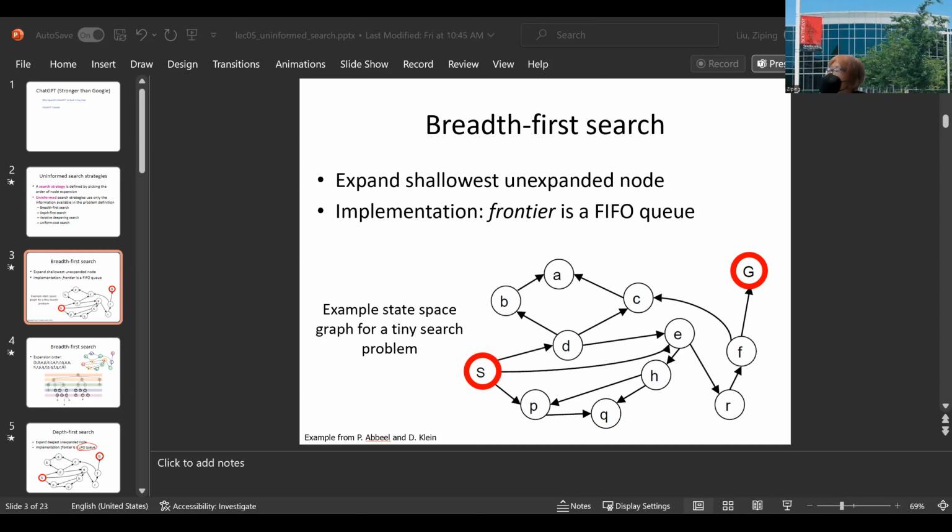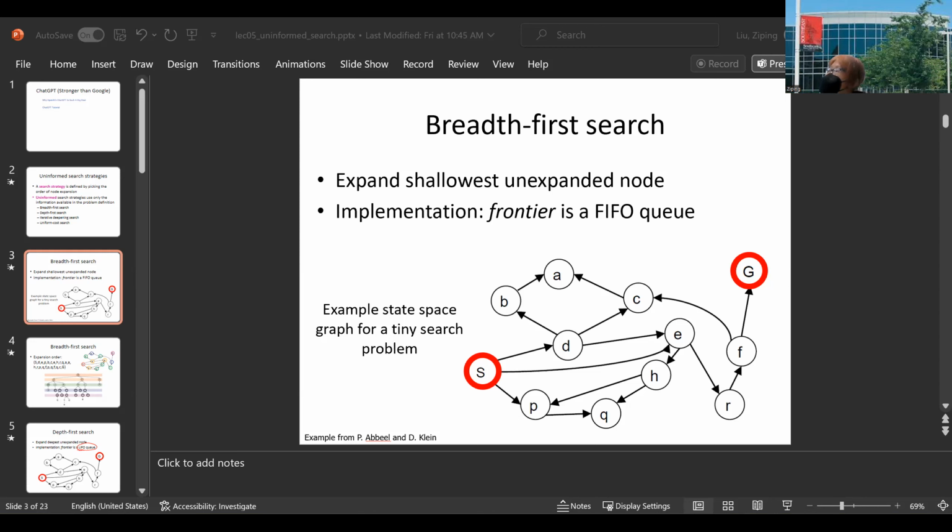That's why here let's discuss uniform cost search. Previously, when we did breadth or depth, we didn't consider the cost. We just considered the neighbor.